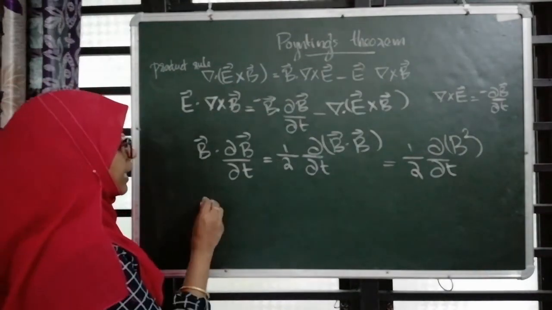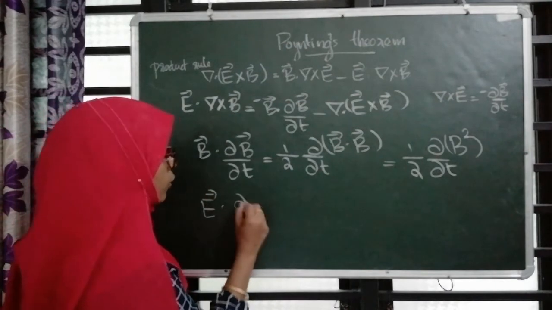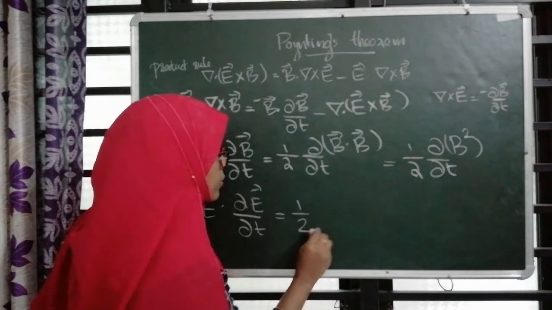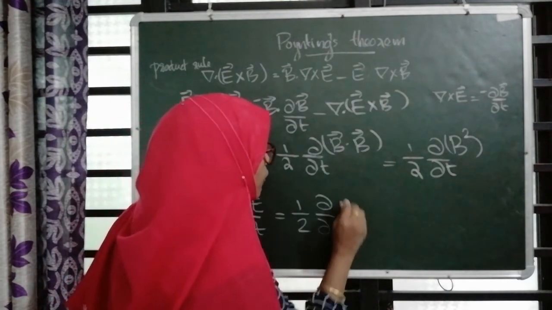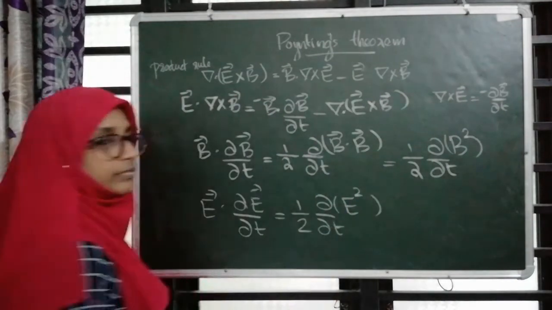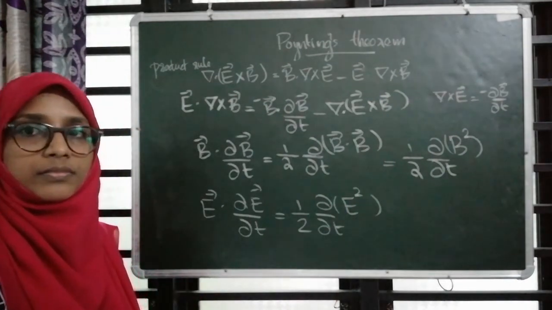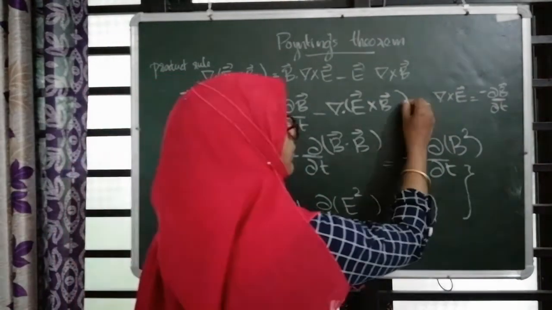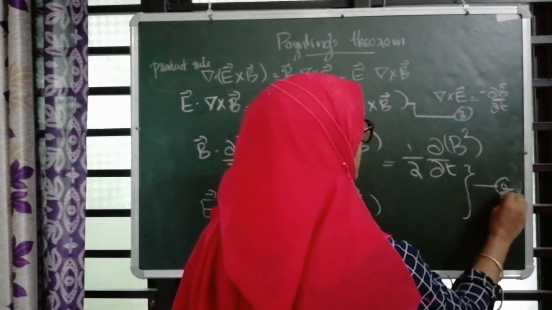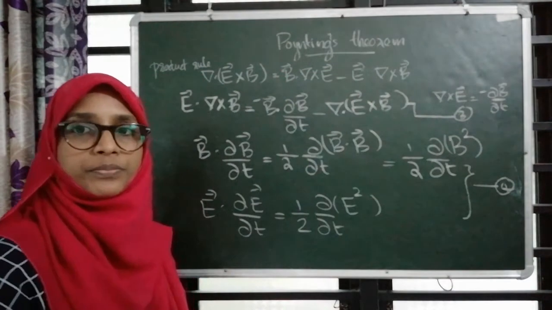Similarly, we can write E dot dou E by dou T is equal to 1 by 2 dou by dou T of E square. The first equation is equation number 3 and these two terms are equation number 4.